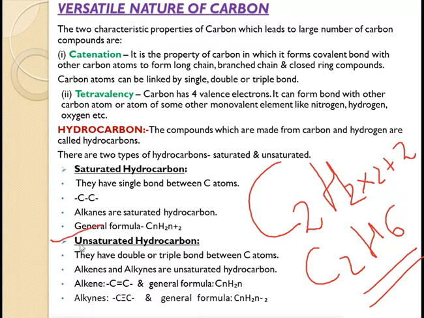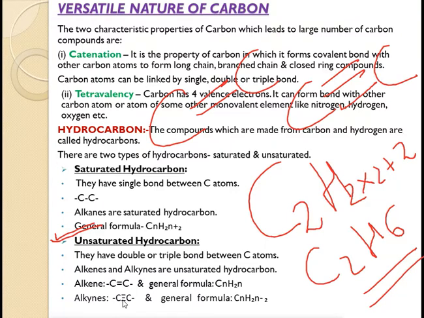Next we have unsaturated hydrocarbons. Unsaturated hydrocarbons are those compounds which can have a double bond or triple bond between carbons. Alkenes and alkynes are the unsaturated hydrocarbons. In alkenes, carbon-carbon double bonds are present, and the formula is CnH2n.